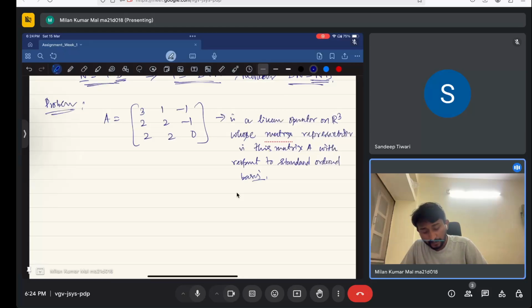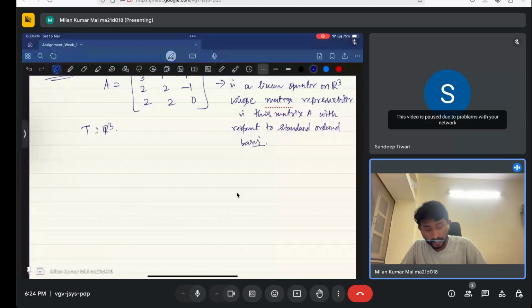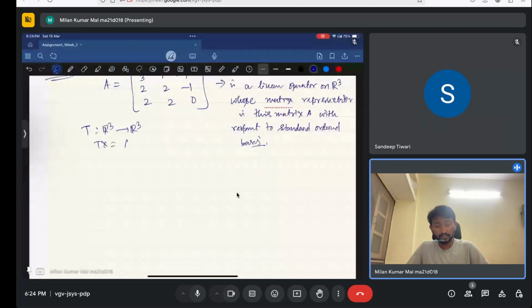That means T is an operator from R3 to R3, and Tx equals Ax. This is what it means.